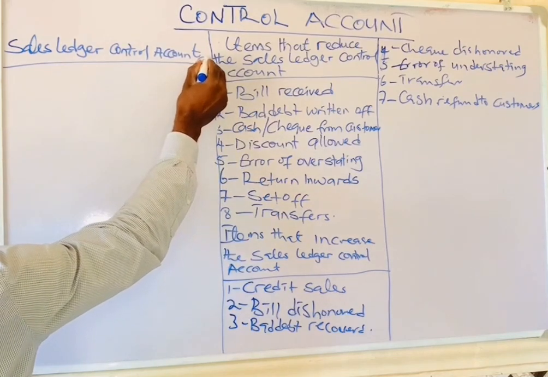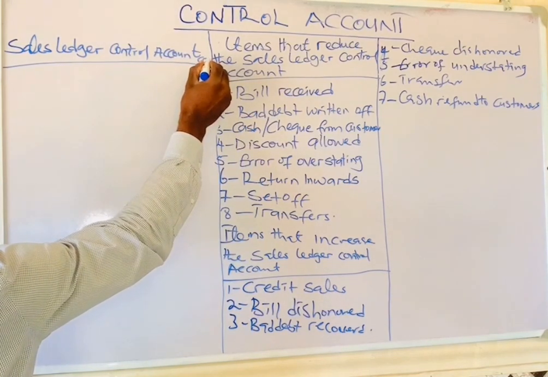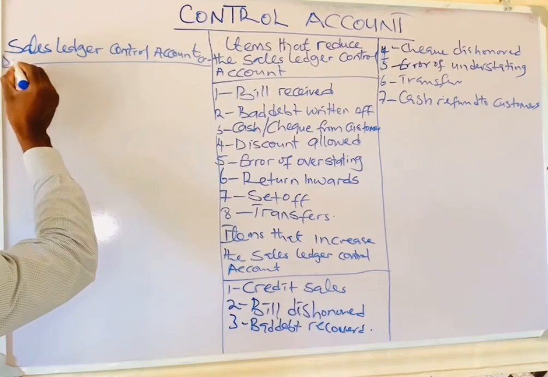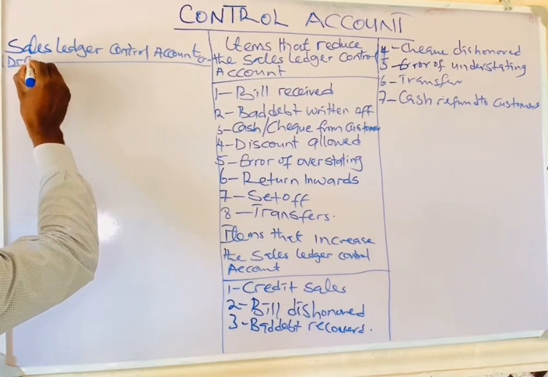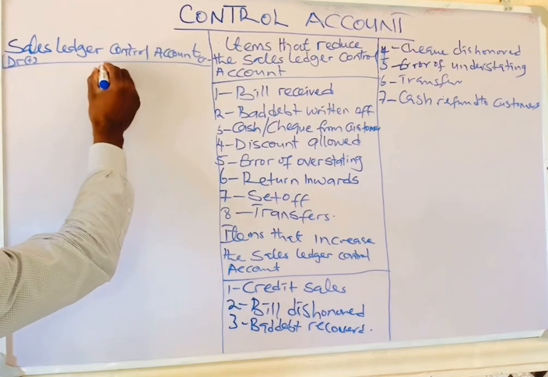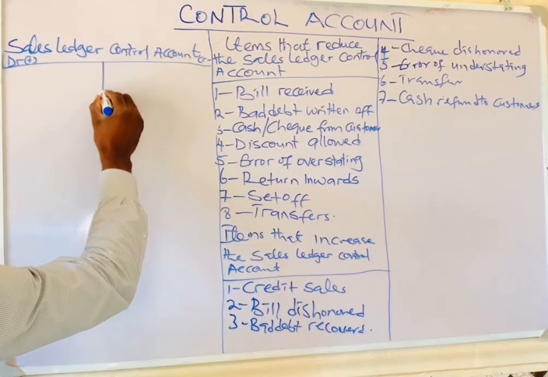Here is credit and it is minus. Here is debit and it is addition. So you do it like this.